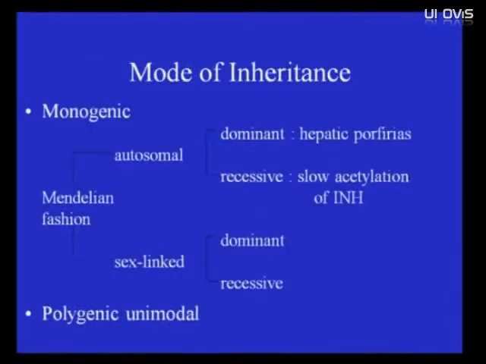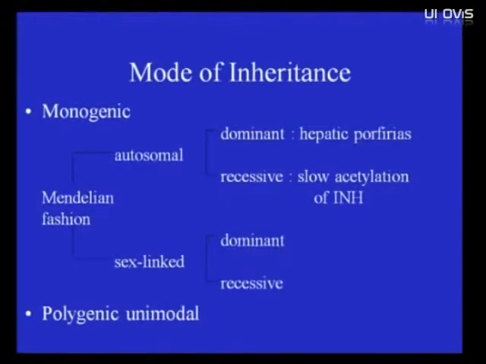Polymorphisms. Now, the mode of inheritance of drug variation given to the patient follows the same general rule in biology, so that we can have monogenic inheritance and polygenic unimodal.